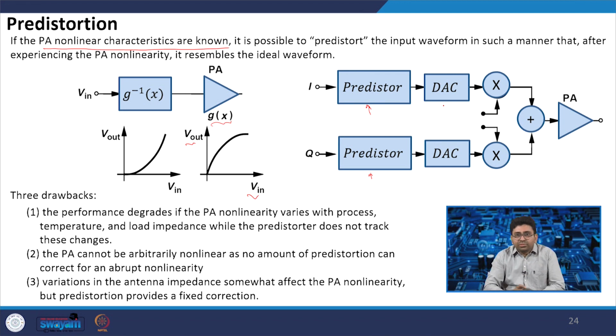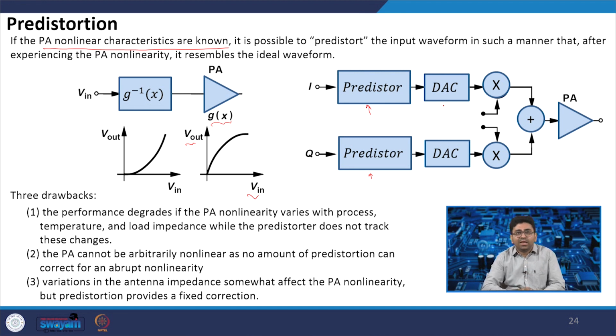So, if there is some change in the power amplifier due to temperature, mismatch, or process, we have already pre-distorted, and the signal at the output will also be distorted. Second, the power amplifier cannot be arbitrarily nonlinear, as no amount of pre-distortion can correct for abrupt nonlinearity. It should not have any abrupt nonlinearity.